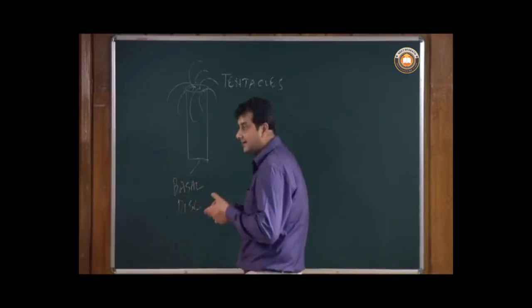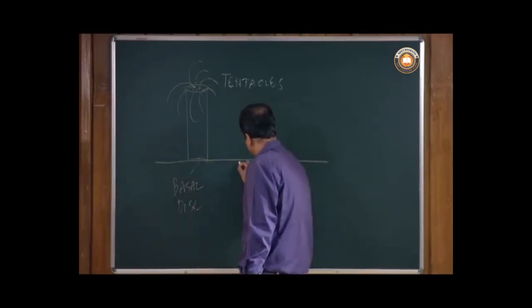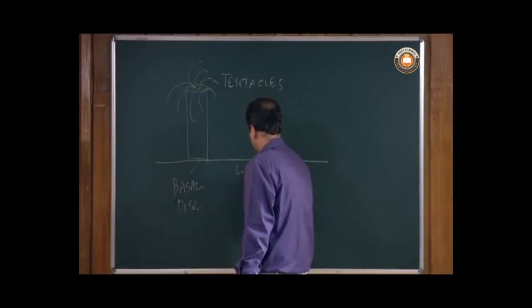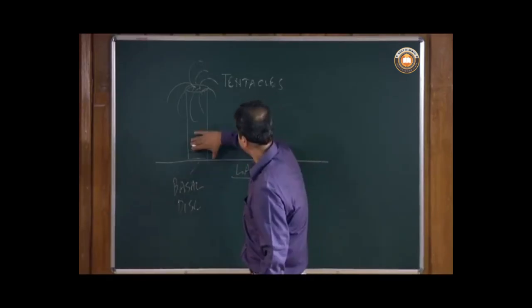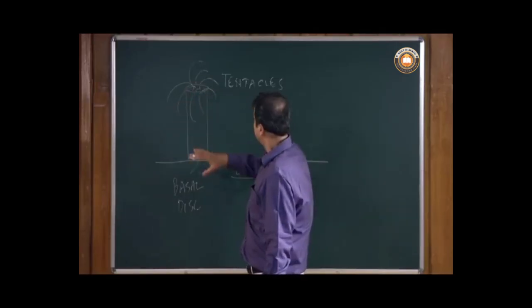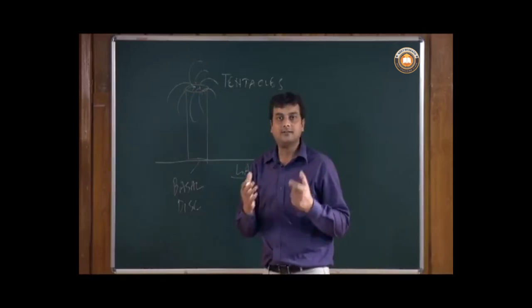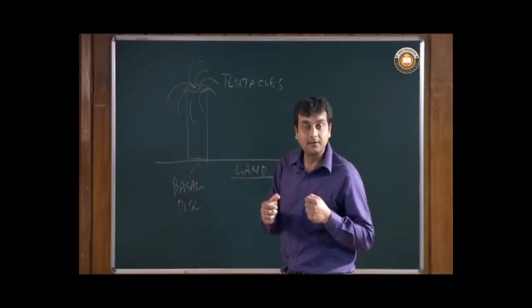This basal disc, or the bottom, is in the substratum, the land or attachment substratum. This hydra has a cylindrical body of irregular shape. There are various possibilities by which this organism can locomote itself.